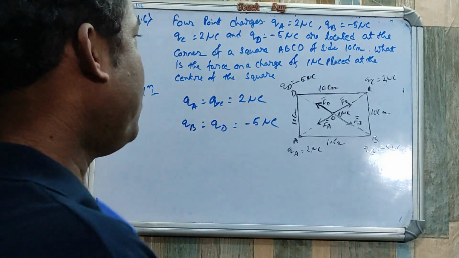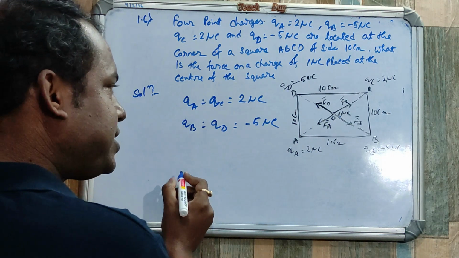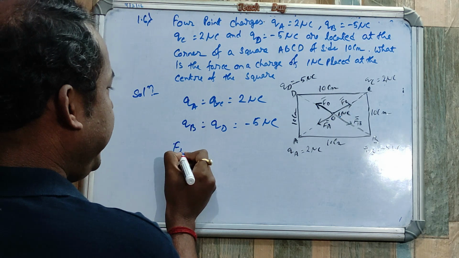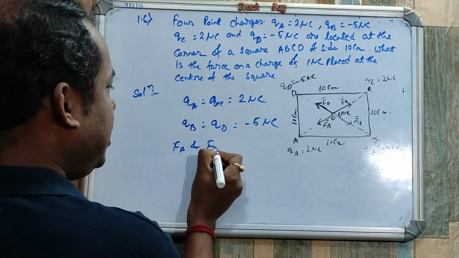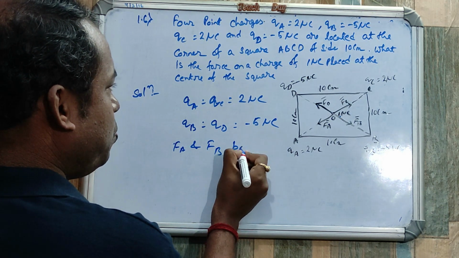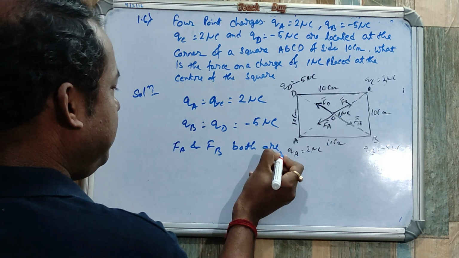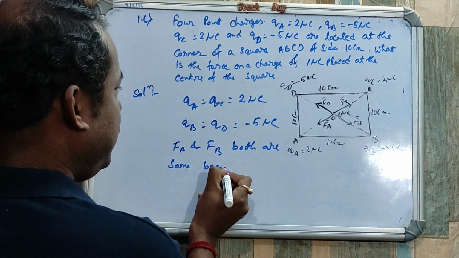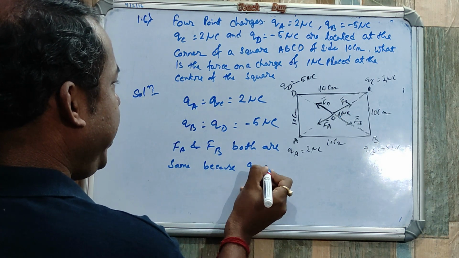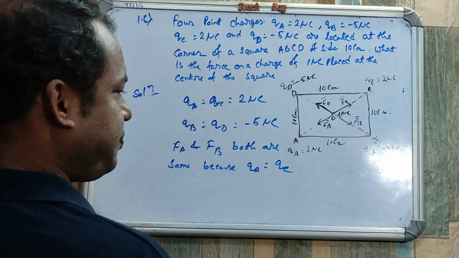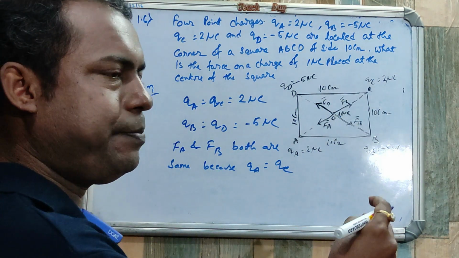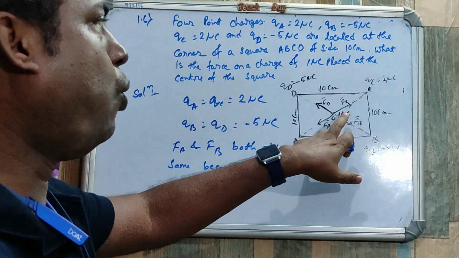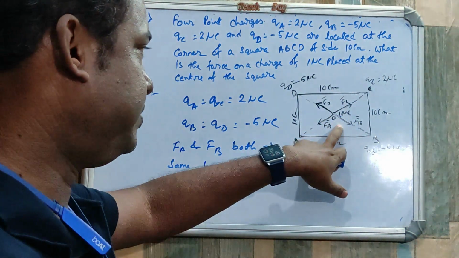So in this case, for the first case, we write FA and FC both are the same because QA equals QC. What is the force FA and FC? FA is the force due to the charge placed at the center.